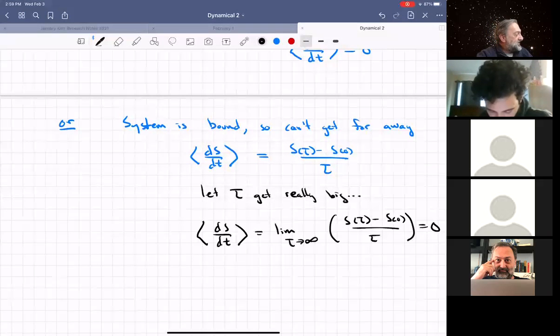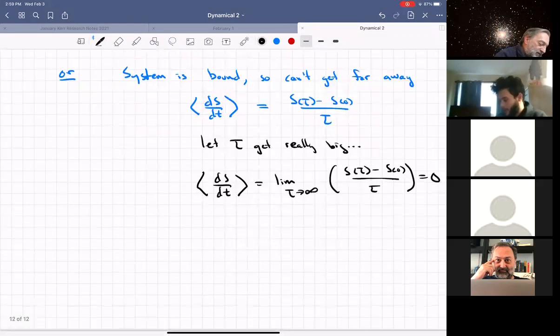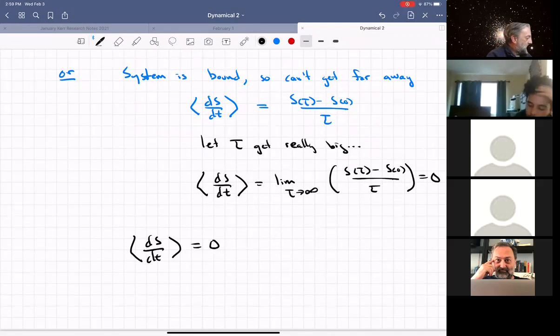So now there could be systems that are not bound and there could be systems that are not periodic. But if my system is bound or my system is periodic, what I have found is that the time average of dS/dt is equal to 0. So, okay, great. Yay. Woohoo.